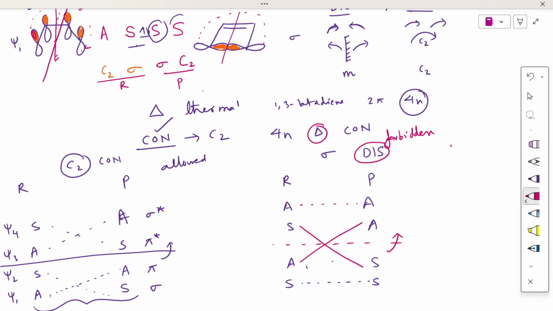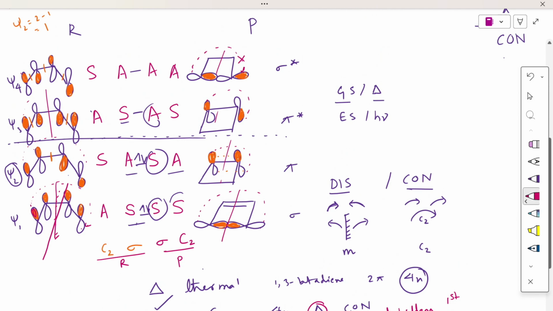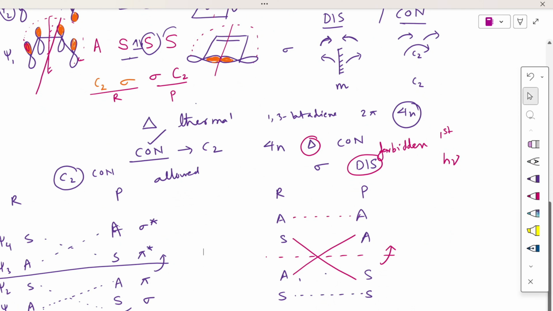Now let us check the first excited state. In the first excited state, what will happen? One of the electrons will go from Xi2 to Xi3. So Xi3 will become your HOMO, and this will become your HOMO-LUMO energy gap. So now let us consider that particular condition.